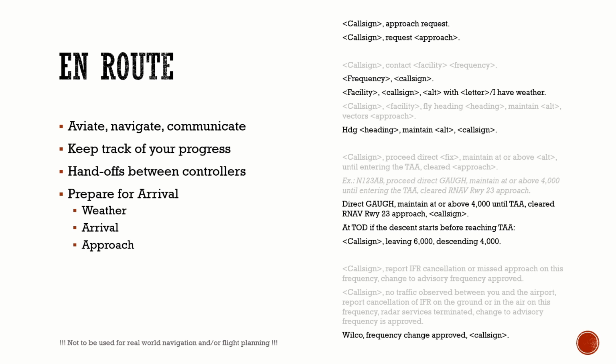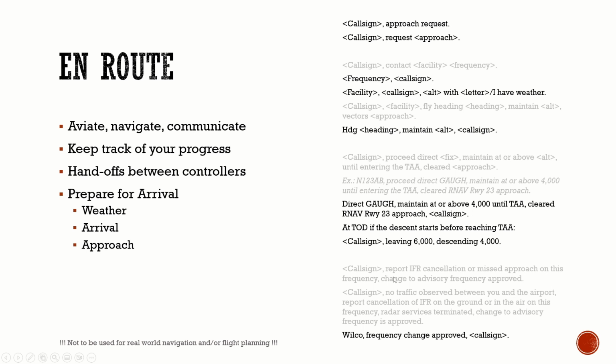Is there someone who doesn't understand the distinction starting the descent before and after crossing the TAA boundary? Okay, hopefully not.